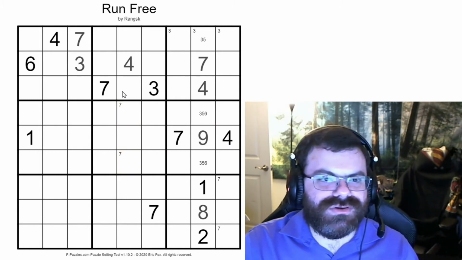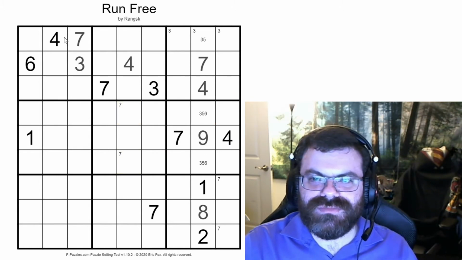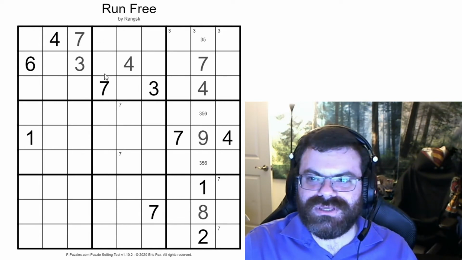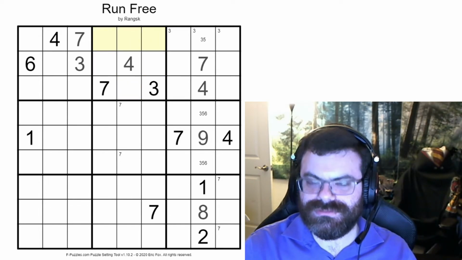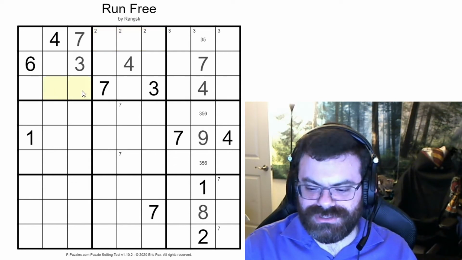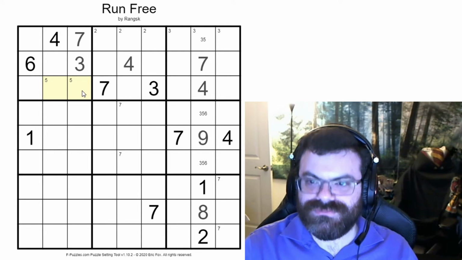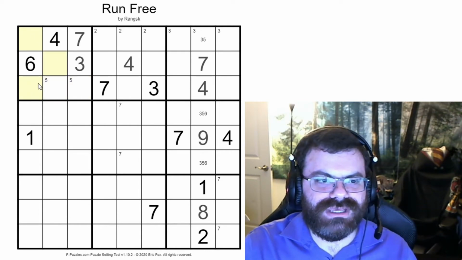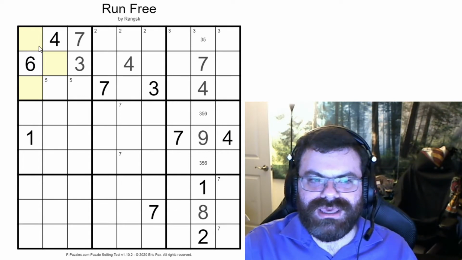All right, so next we can focus a little bit on the top left again. So one thing we can see is that these 3s block 2s in this box from being anywhere but the top of the box. Additionally, 5s can only go here, because you can see the 6 prevents those from being 5.